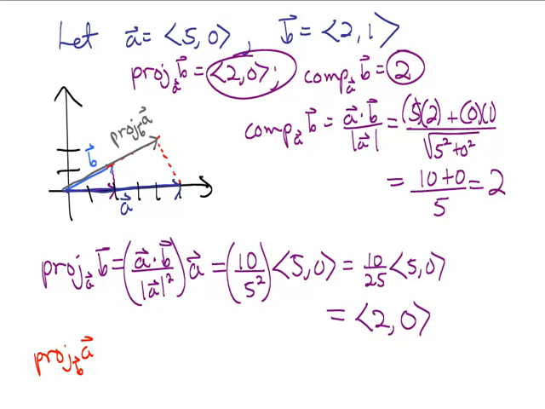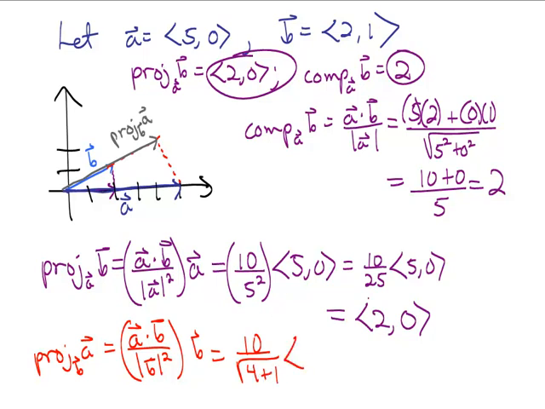Here, this would be equal to A dot B over the magnitude of B squared, all in the direction of the vector B, which is probably not too hard to figure out. A dot B we know is 10 already. Let's see, the length of B is the square root of 2 squared, which is 4, plus 1 squared, which is 1. We're going to square that.